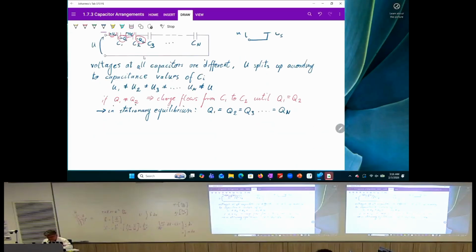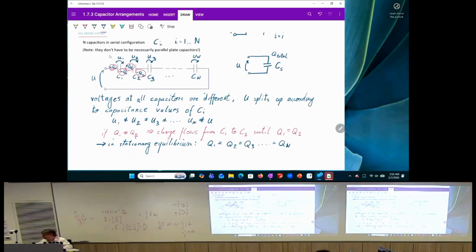Now our goal is to derive a formula for that equivalent circuit, and we denoted it here. This equivalent circuit, the capacitance is C sub S. That S signifies here that serial configuration.